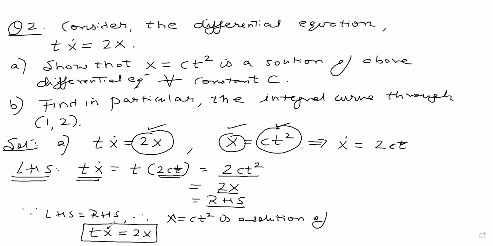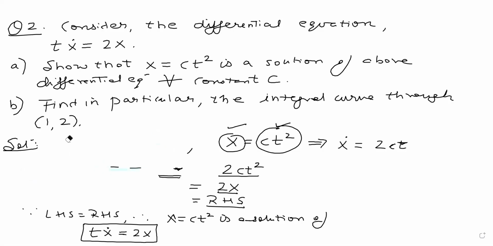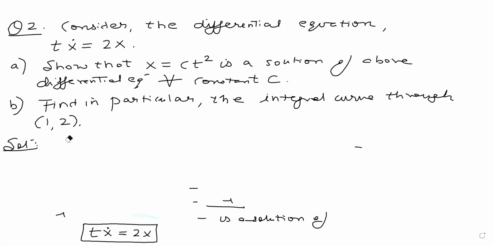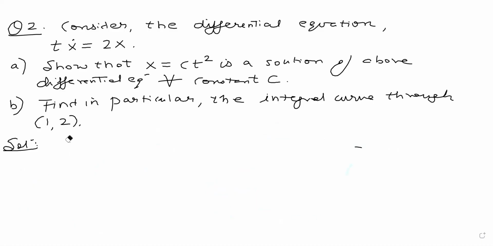Now let's solve part B. So I am erasing this off. We need to find in particular the integral curve which passes through 1, 2. So remember, integral curve is a particular case of the solution.